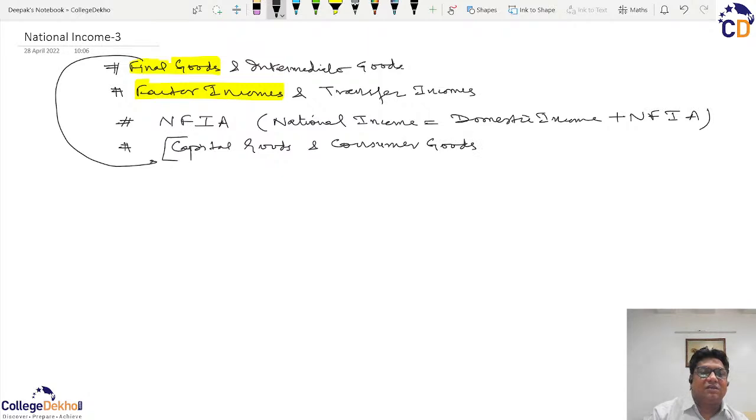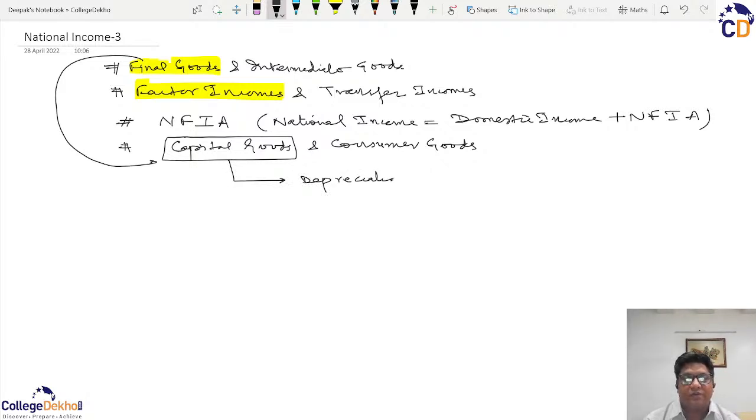As such, the classification may not be important for the calculation of national income, but the capital goods have a wear and tear because of time and usage, which is normally known as depreciation. So we can always have the value of the assets either without depreciation or after depreciation. That is why we can have the value as gross as well as net.